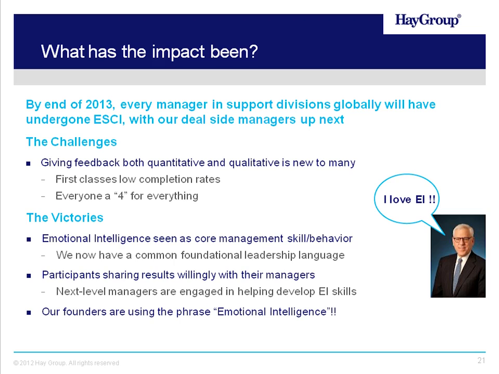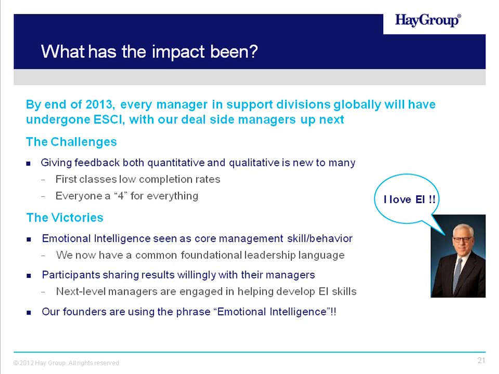What have the victories been so far? Well, it is now seen as a core management skill and behavior. We have this common foundational leadership language. It is rapidly propagating throughout the organization.